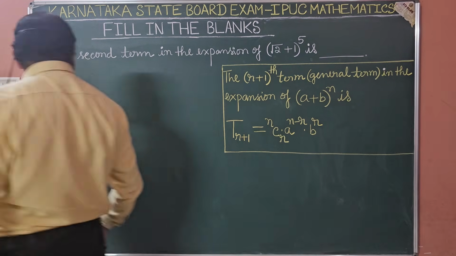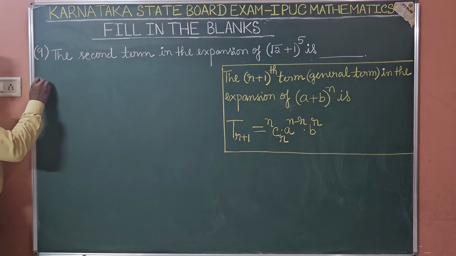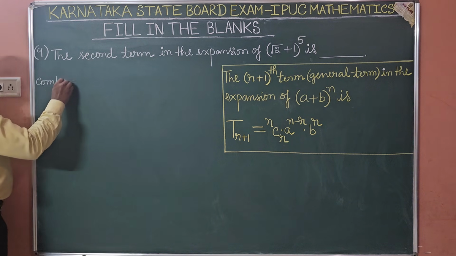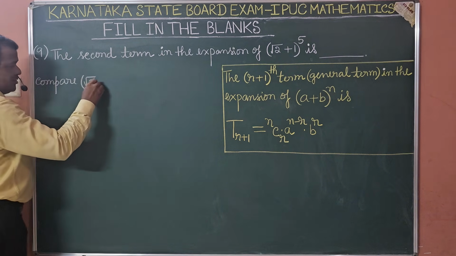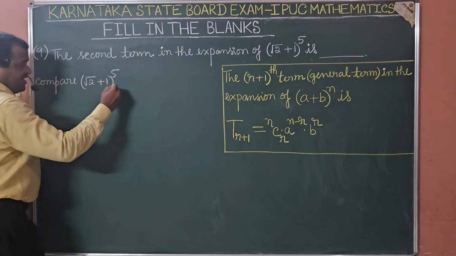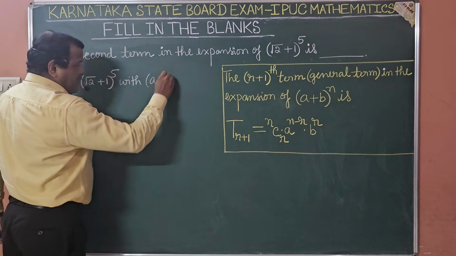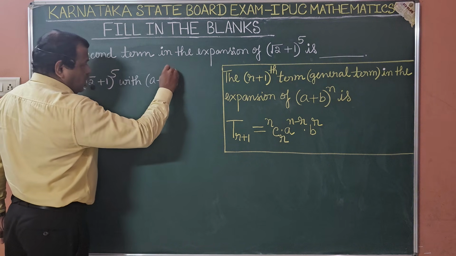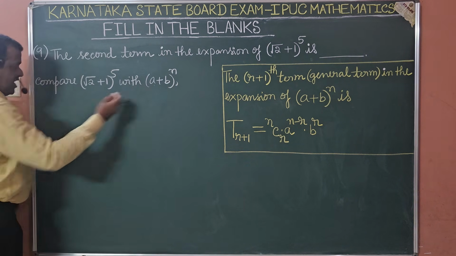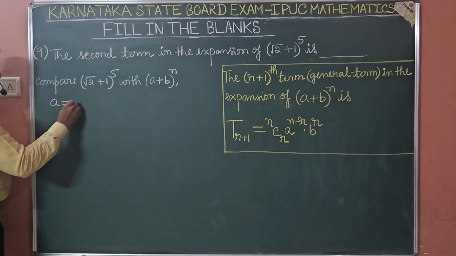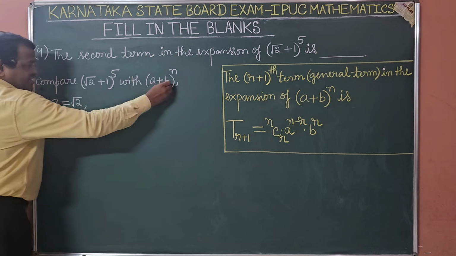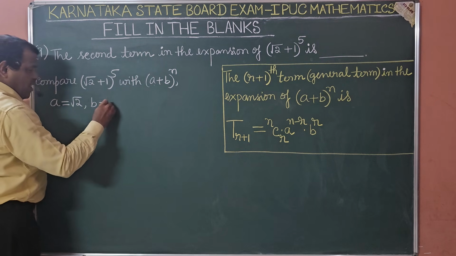So here, I will compare (square root of 2 plus 1) whole power 5 with (a plus b) whole power n. So in place of a, we have square root of 2. In place of b, we have 1.